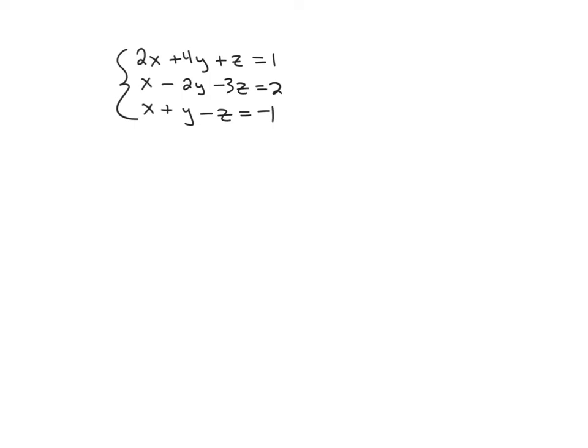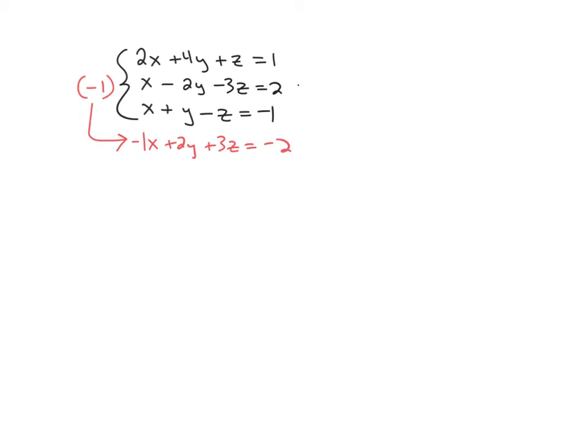I'm going to multiply this equation by -1 and add it to this equation, because then the x terms will drop out. So the way that I'm going to have you do that is we're going to just multiply that equation through by -1, which gives me -1x plus 2y plus 3z equals -2.